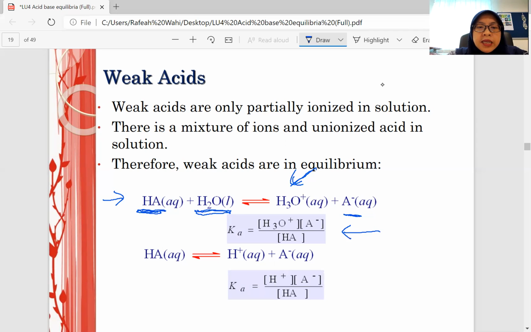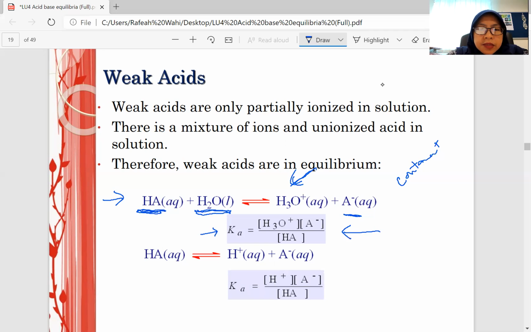So what is Ka? Ka is the constant of ionization, or ionization constant, or acid constant, or dissociation constant. Simply, it is always called the acid constant or dissociation constant.